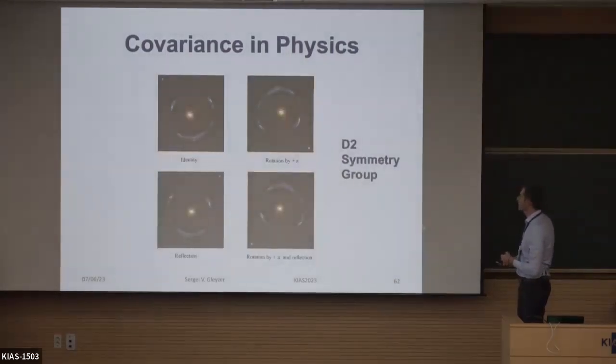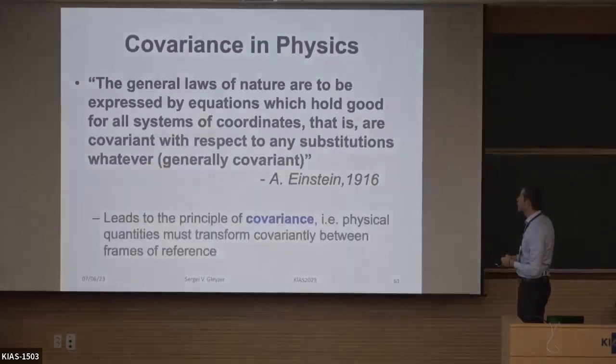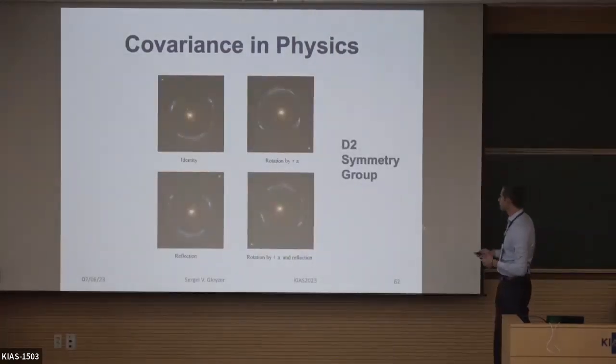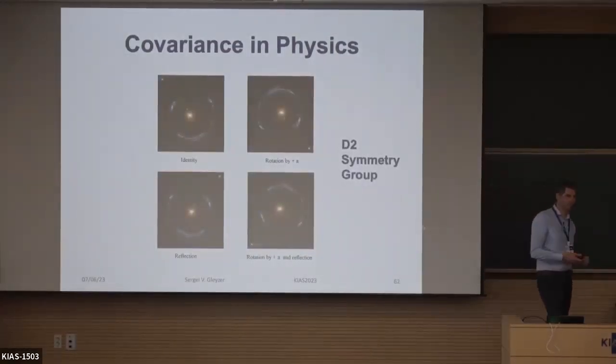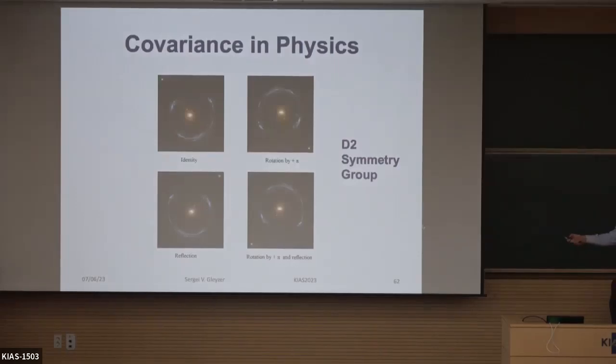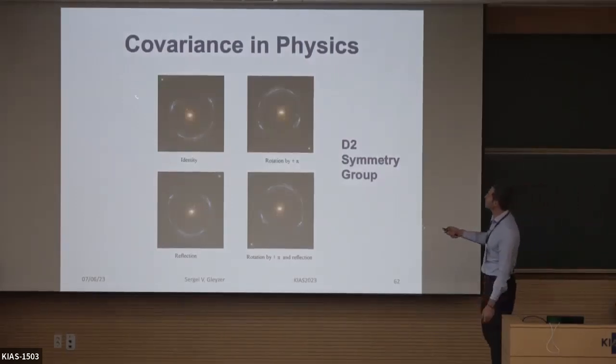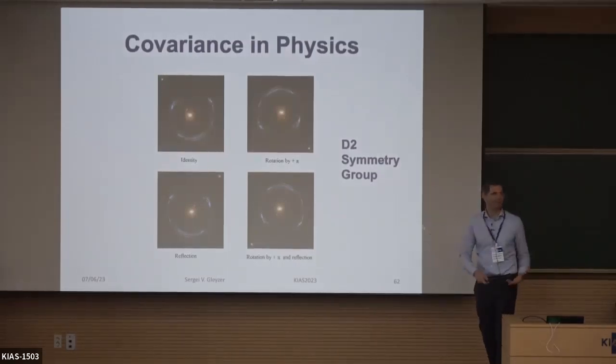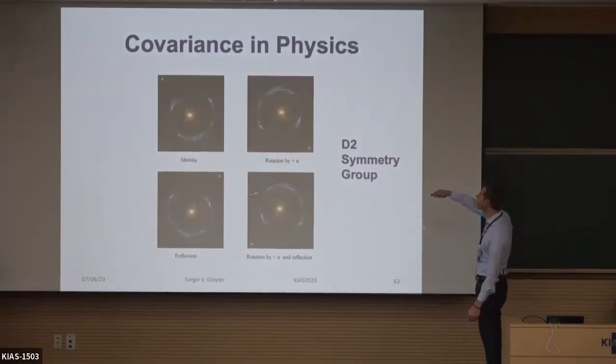Now, this idea, in fact, I want to give you an example of something like, now it deals with symmetry groups. So let's look at a very simple example of gravitational lenses, okay? Now you can actually take some image of an object like an Einstein ring, since we're talking about Einstein, right? And you can see that you can apply an identity transformation, you can rotate it by pi, reflect it, or whatever else.